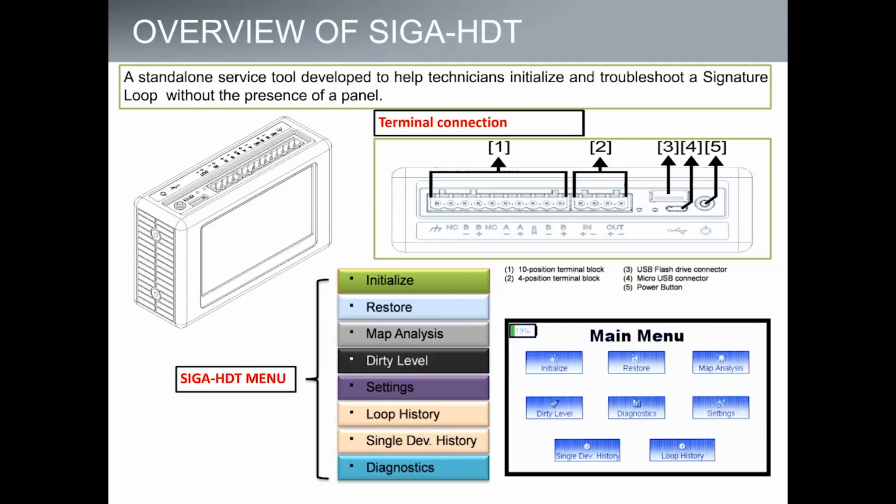It will perform a dirty level analysis on photo detectors and identifies detectors which require cleaning. It can perform maintenance on a single detector or module. It will reinitialize the device address of detectors or modules on a loop to zeros. It can perform single device diagnostics, and it can provide a loop history.